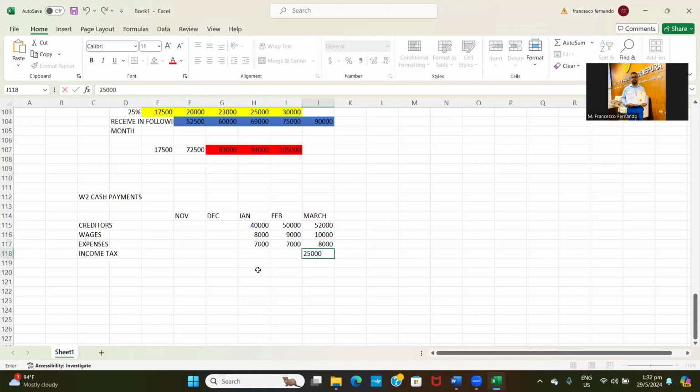Now what I can do, I can take the summation. So here it is 55,000. Here it is 66,000, and here it is 95,000. So now I can put these figures under the cash payment.